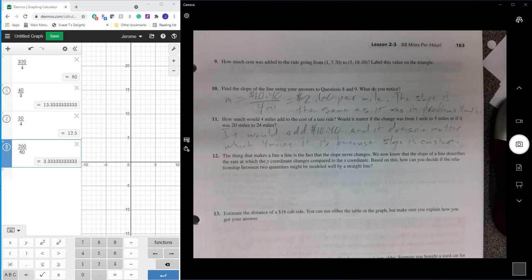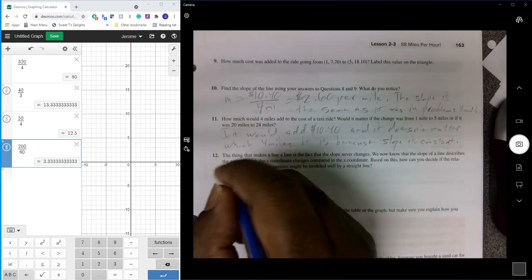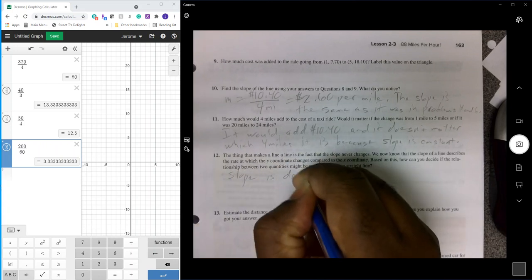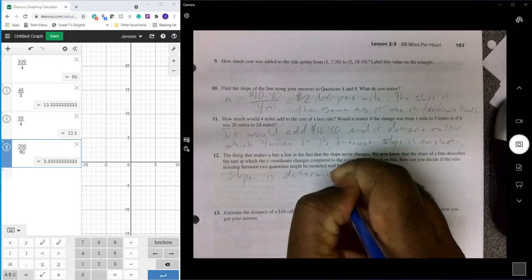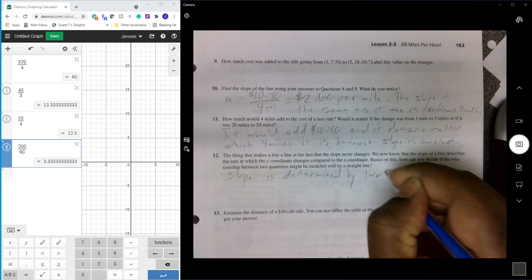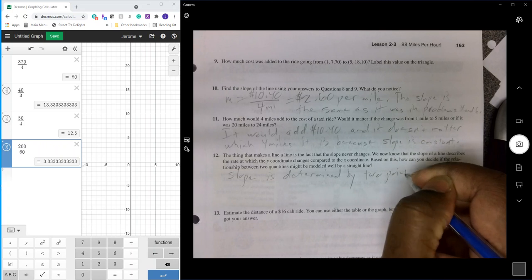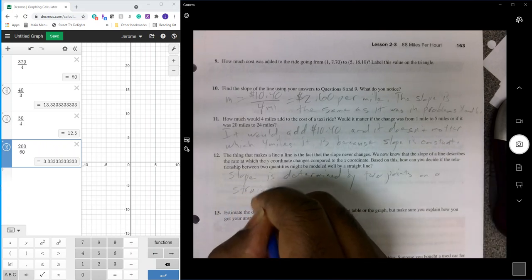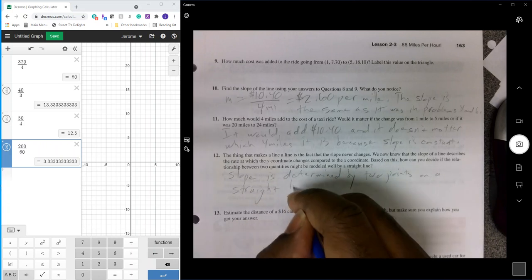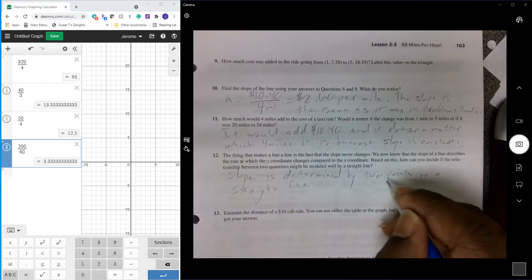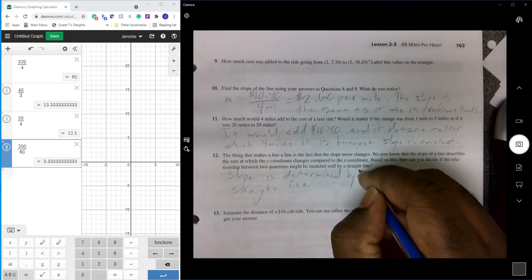Okay. Slope is determined by 2 points on a straight line. I should say by at least 2 points.